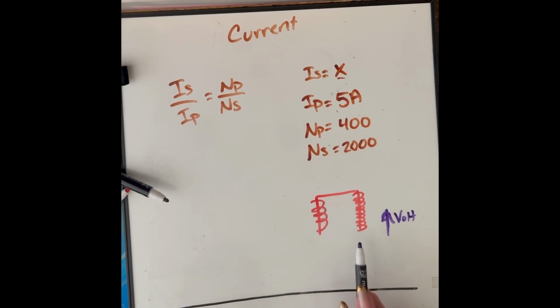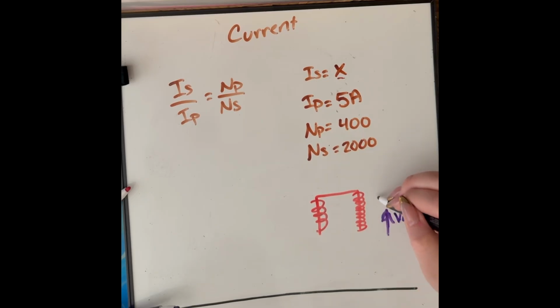But since we're solving for current, what I should expect is that my current should go down because we have more windings on that secondary side.